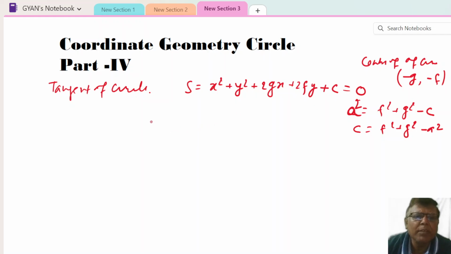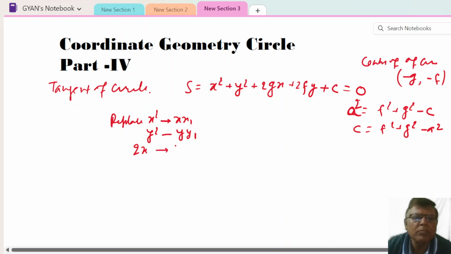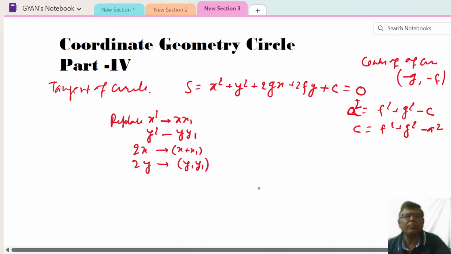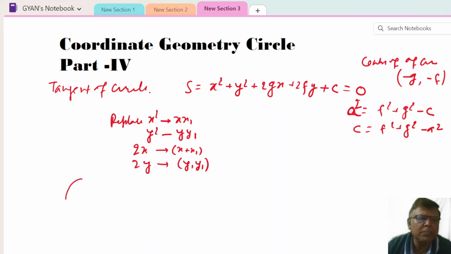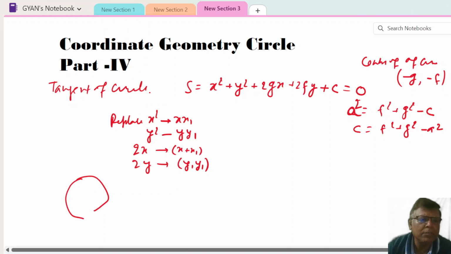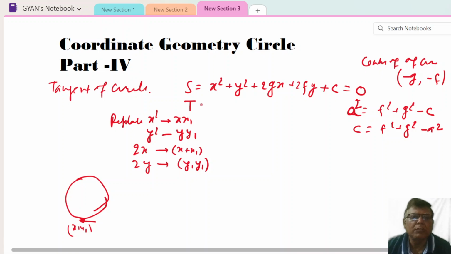Now if we replace x square by xx1, y square by yy1, 2x by x plus x1 and 2y by y plus y1, where x1 y1 is some point on the circle, this is called T. T means tangent.